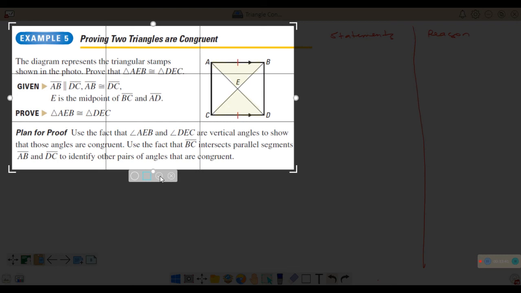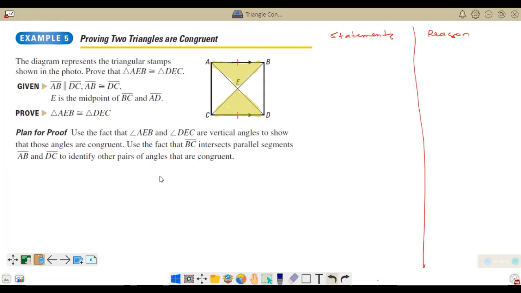Yan. Okay. So, statement number 1. Dun muna tayo sa mga segment. We have AB is congruent to DC. This is, of course, because of the given.